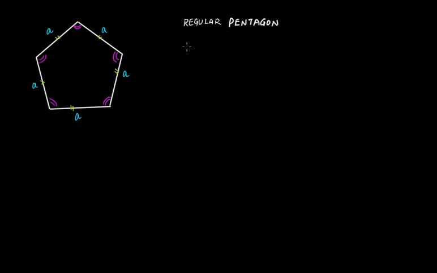Now if I have to calculate the perimeter of a regular pentagon, we know that the perimeter will be what? If I start from this point, then A plus A plus A, then this A, and then this A. So 5 A's, and this will be 5A.